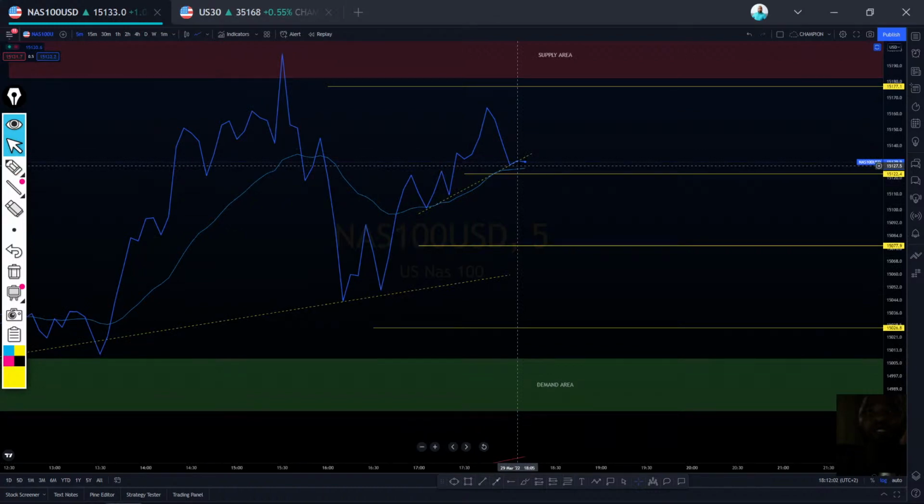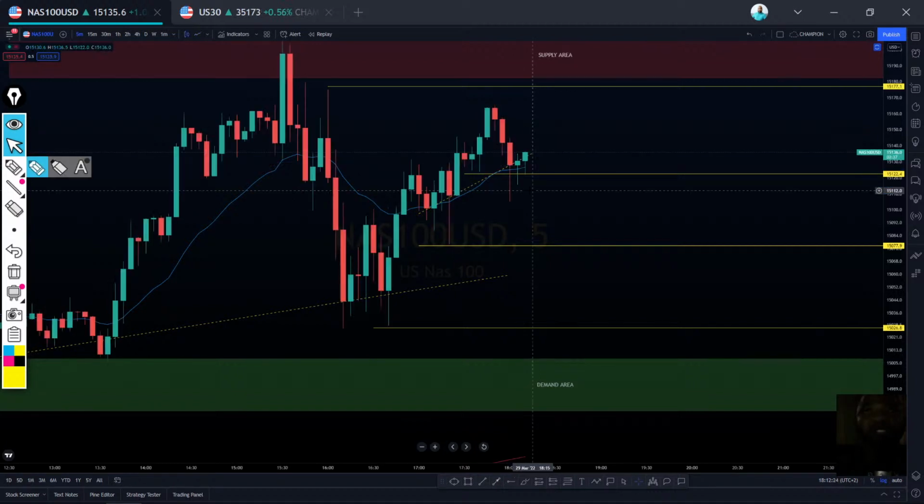Let's see if it's about to break this small structure. There we go, it seems like it's pushing towards the upside. It might respect this area right here.